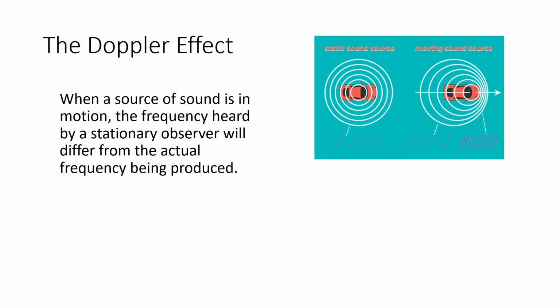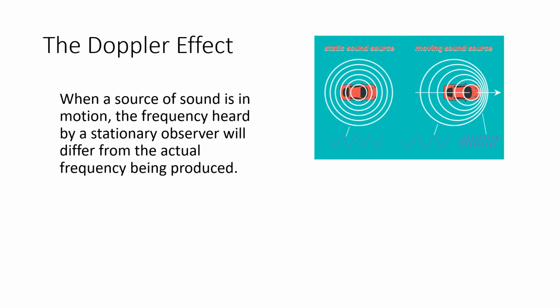But if the car itself is moving in one direction, you can see the sound waves might bunch up on one side. And on the other side, they're going to stretch out a bit. And this bunching up and stretching out changes how frequently the sound waves reach you. This changes the pitch of the sound.